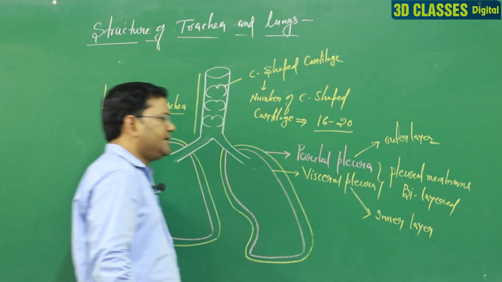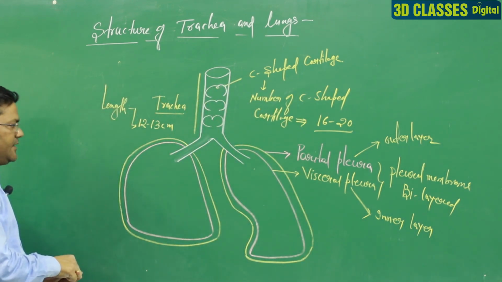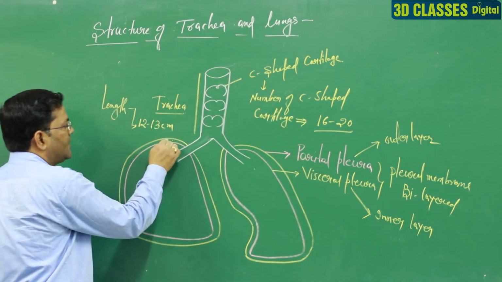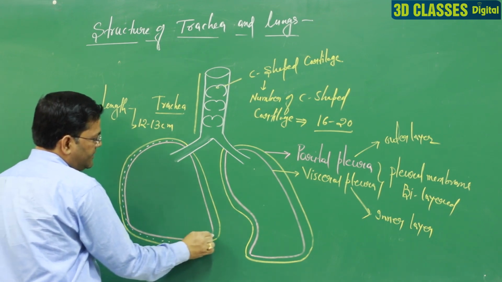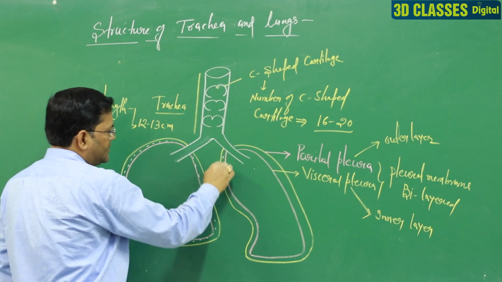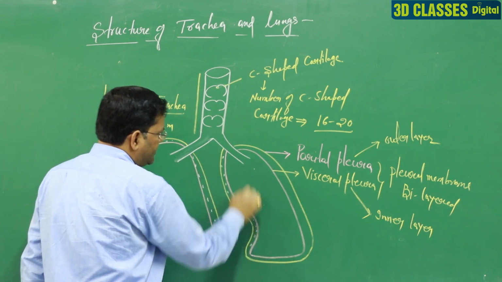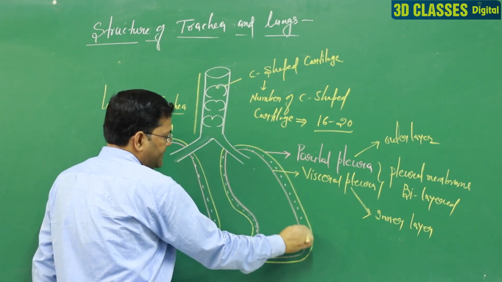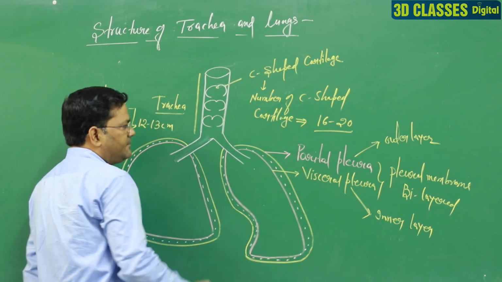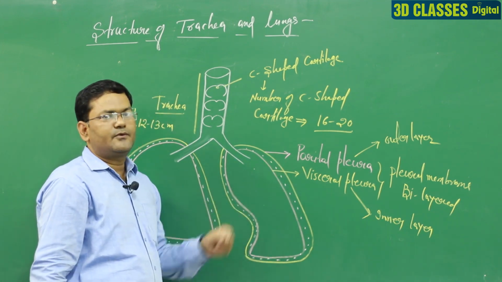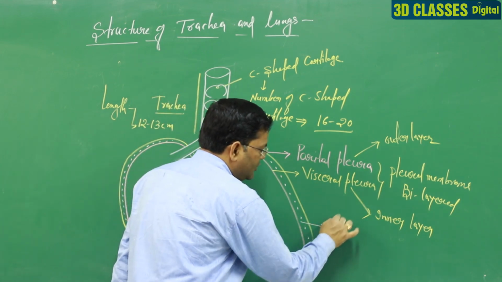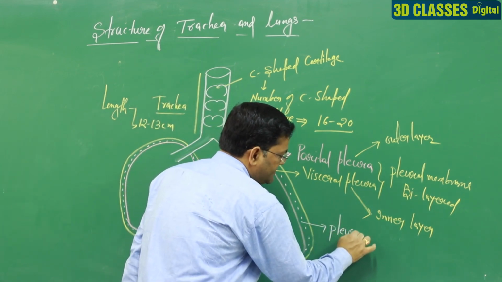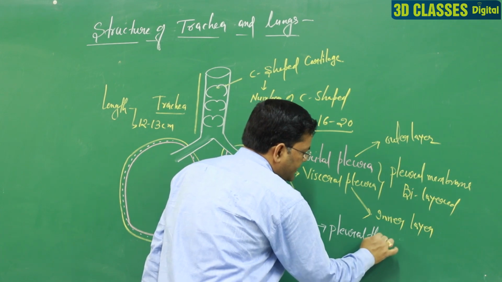So this is the bilayered membrane, and in between this membrane is found a specific liquid, and this liquid is called pleural fluid. That means in between the parietal pleura and visceral pleura is found a fluid, and this fluid's name is pleural fluid.